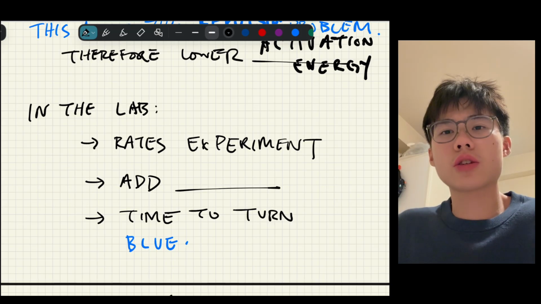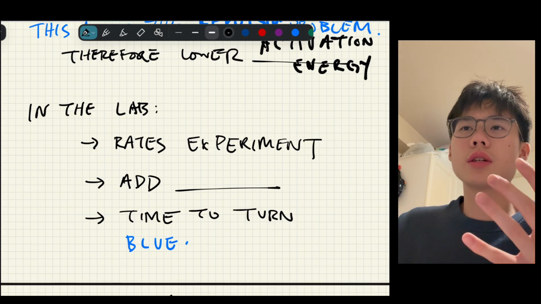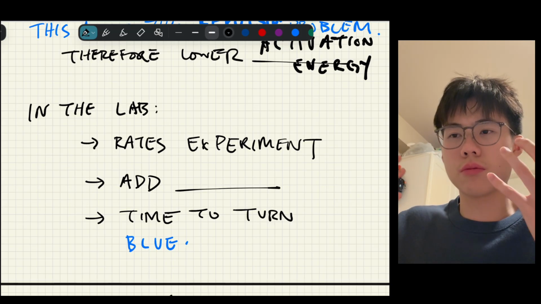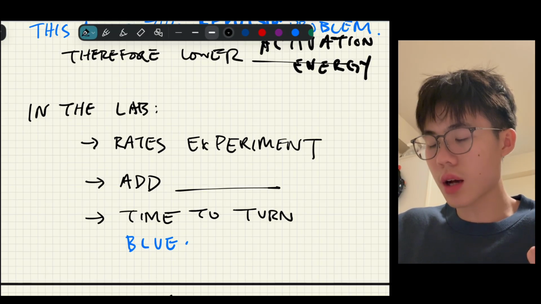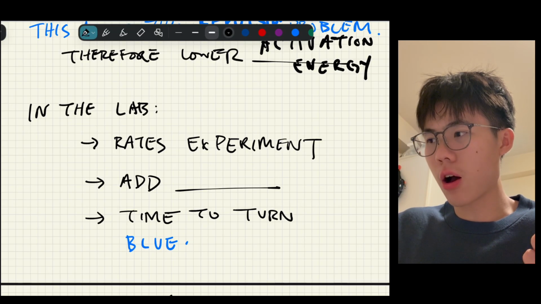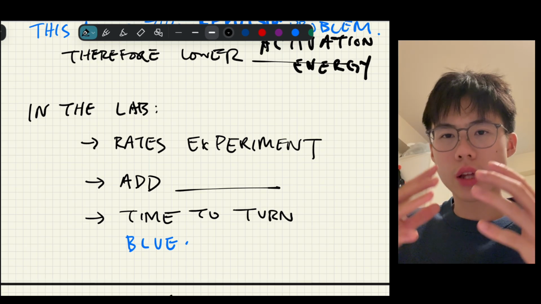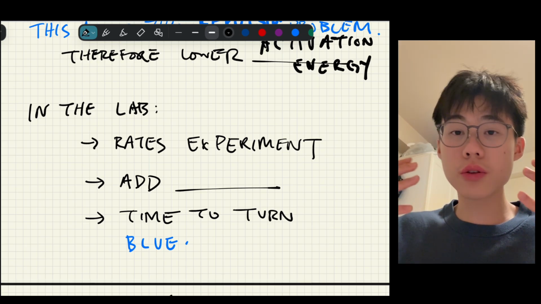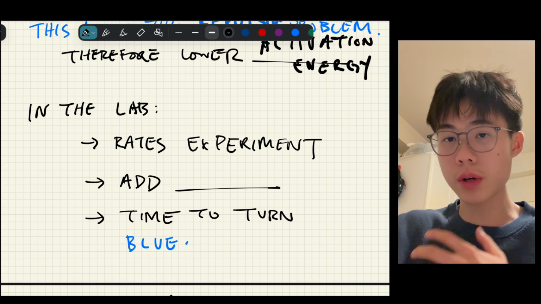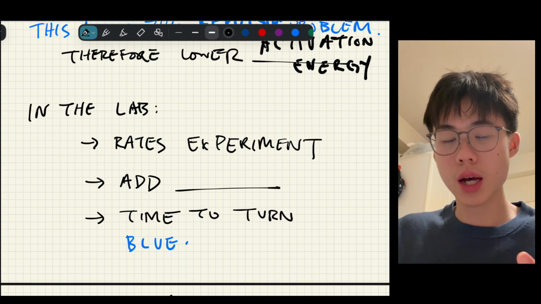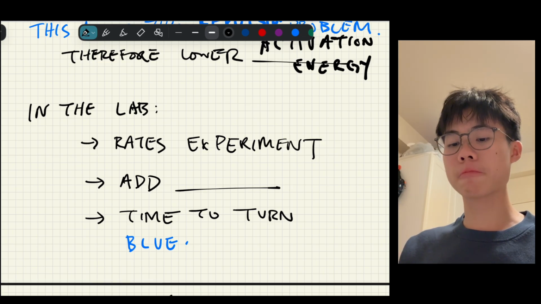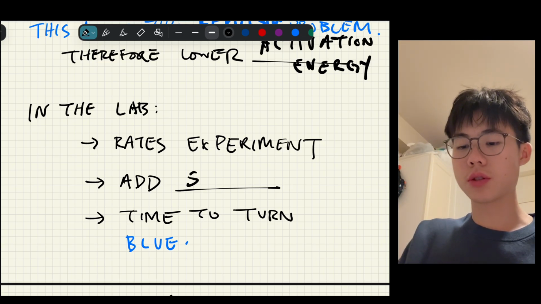Basically, as the reaction proceeds, as iodine is being produced, the solution will turn more and more blue. And so in this case, you can measure the time when the blue appears. If you're more precise, you can use a colorimeter, where you measure the absorption frequency of the color of the solution. So yeah, starch. Let me just finish the notes.